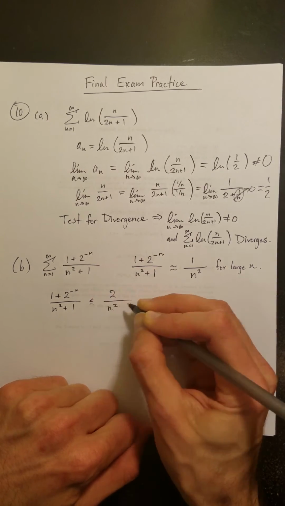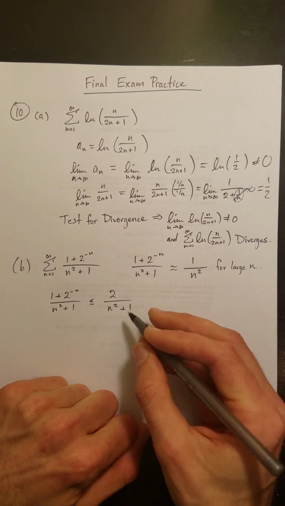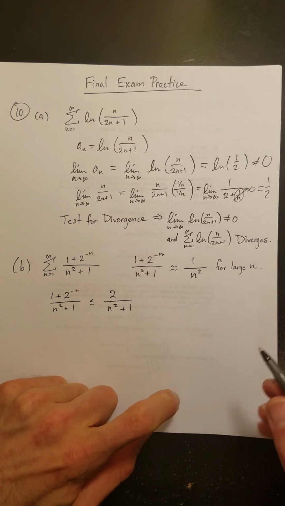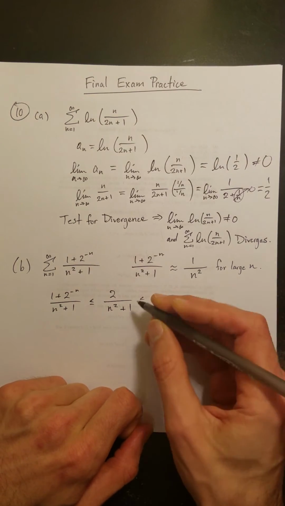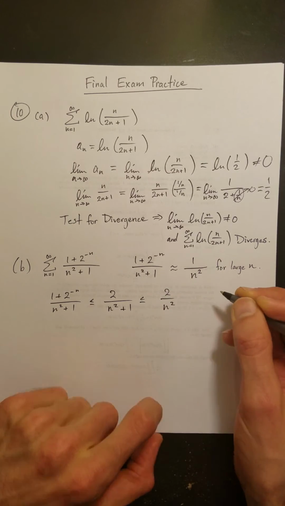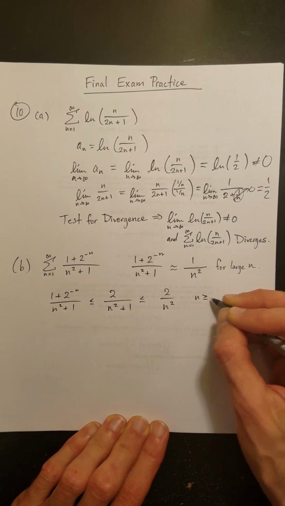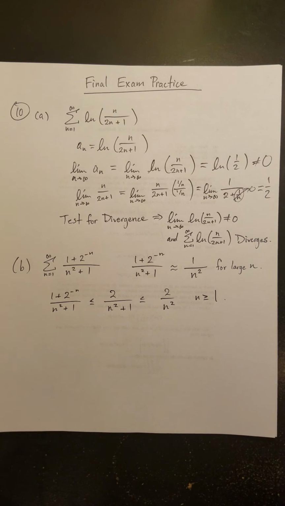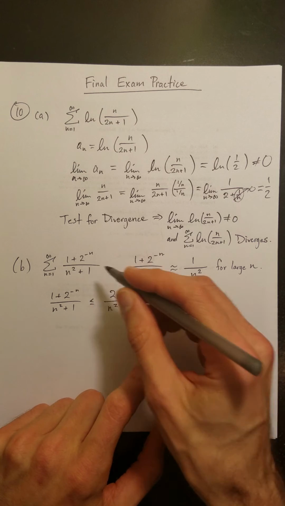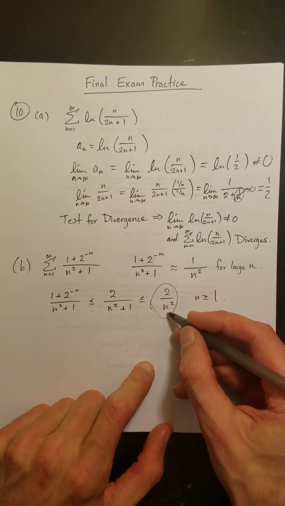And the denominator is n squared plus 1. We also know that n squared plus 1 is, of course, larger than n squared in general. And so this is actually a smaller number than 2 over n squared, and this is true for all values of n. And what do we know about a series with terms 2 divided by n squared?